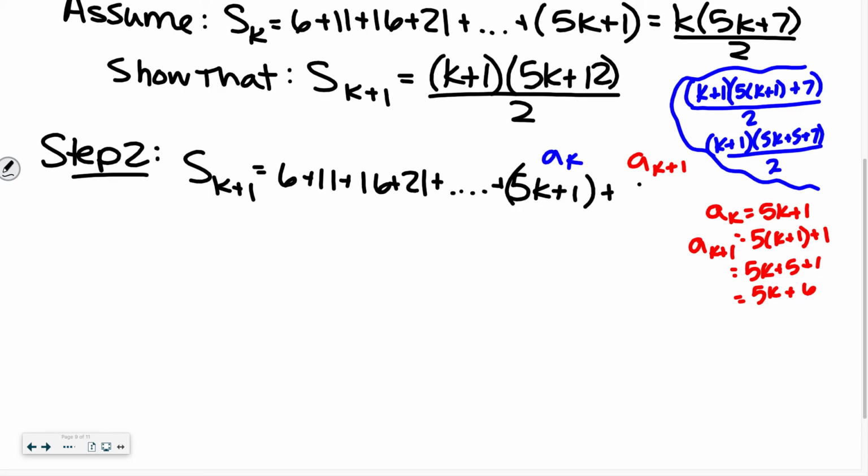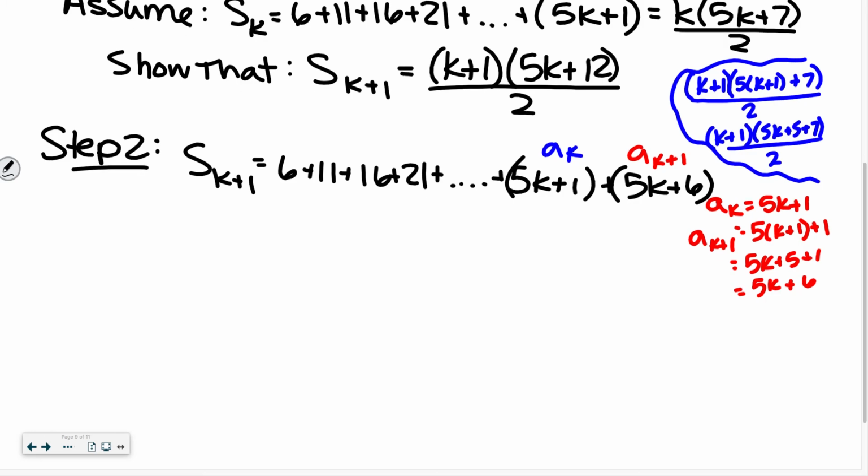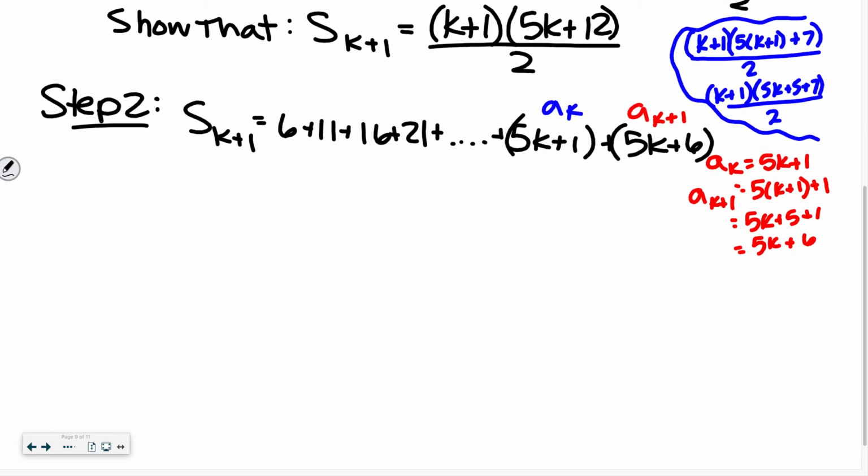Ooh, I like that way. Either way works. Okay. So like that one, 5k plus 6, you got to think of that. That's your job. Add that extra term. It wasn't there before.